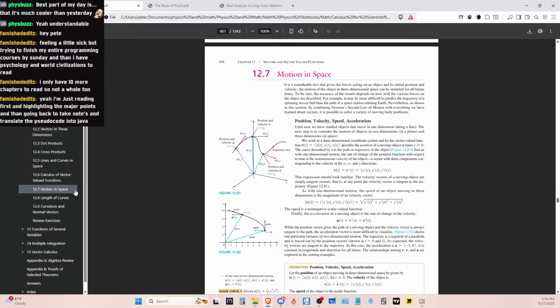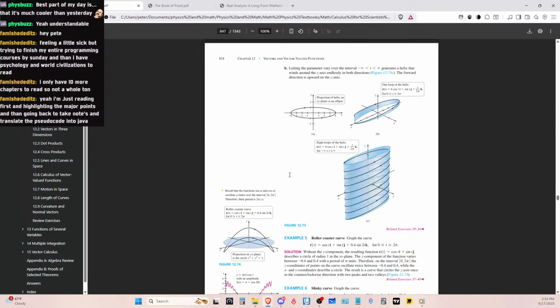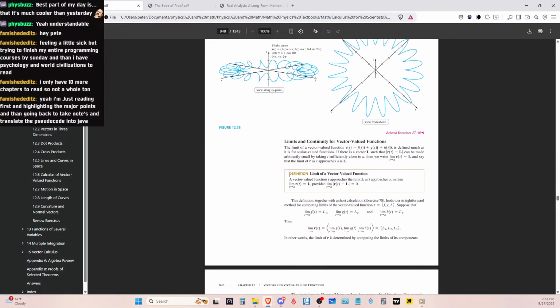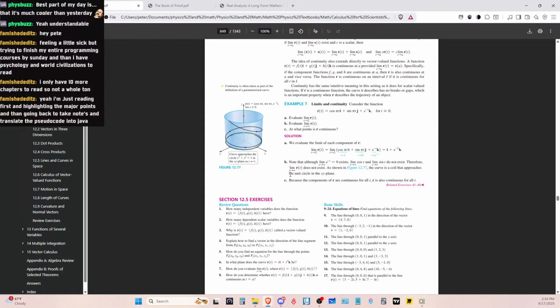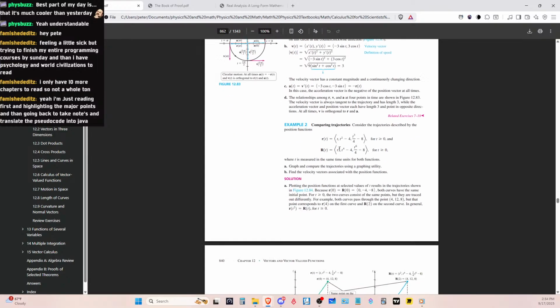For some reason, I want to read about curves. Is it the same chapter? Lines and curves in space. Because I remember I read somewhere in this book they defined what a curve is, like a mathematical definition of a curve.